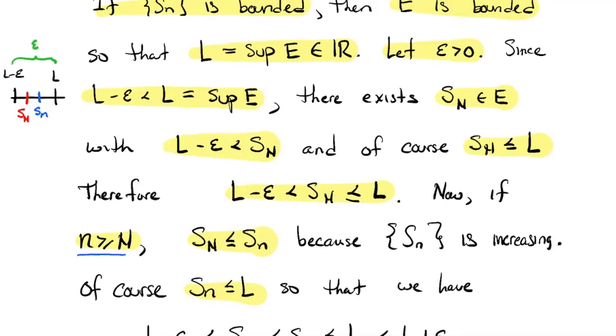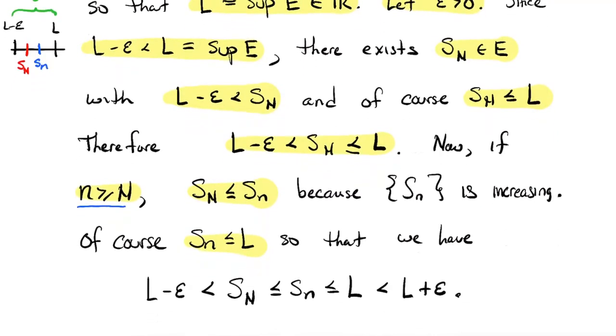So how does the algebra look? The picture is going to fly off the page, but if we write it down, we just have to put these inequalities together. We said that S sub little n is at least S sub capital N, which we've already indicated was strictly bigger than L minus epsilon, but everything is less than or equal to L, and that's certainly strictly less than L plus epsilon, right?